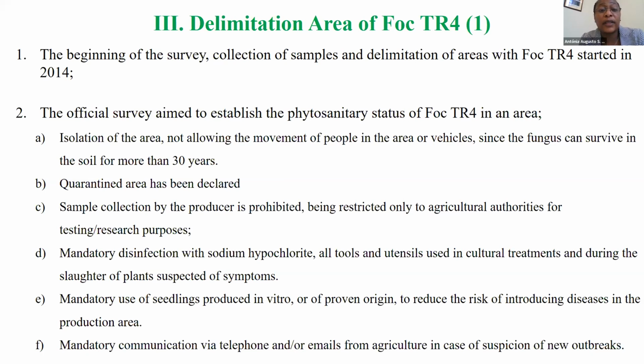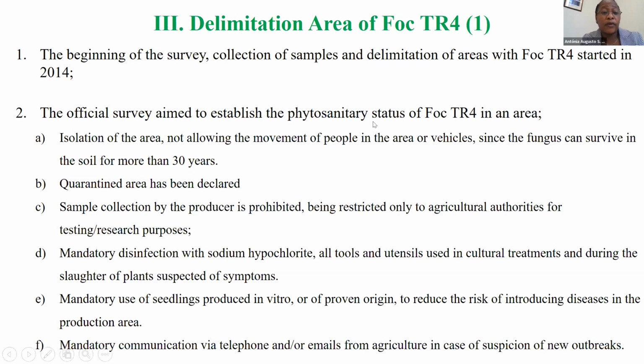Sample collection by the producers was prohibited, being restricted only to agricultural authorities for testing or research purposes. Mandatory disinfection with sodium hypochlorite of all tools and utensils used in cultural treatment, and removal of plants suspected of symptoms.